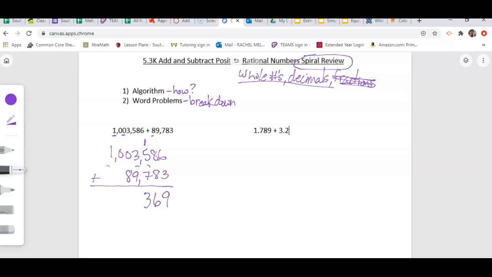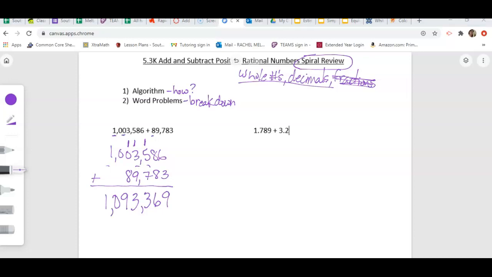I write down my 3 and I regroup that group of 10. 3 plus 9 is 12. Plus 1 is 13. I write down my 3 and I regroup my 1. 0 plus 8 is 8. Plus 1 is 9. There's nothing to add here, so that is a 0 as a placeholder. And then we have a 1.